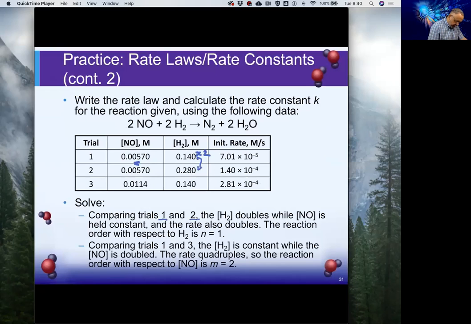And then we do 1 and 3. Why? Again, because if we take 1 and 3, we are going to keep the concentration of hydrogen equal and the concentration of NO doubles. And therefore we can find n is equal to 1 and m is equal to 2, as we said.